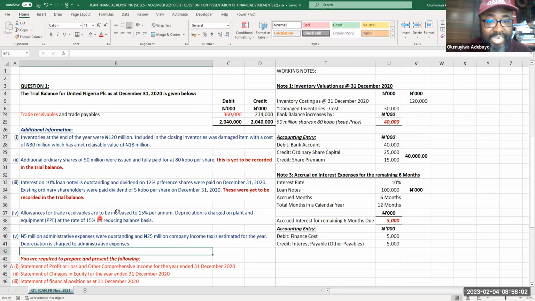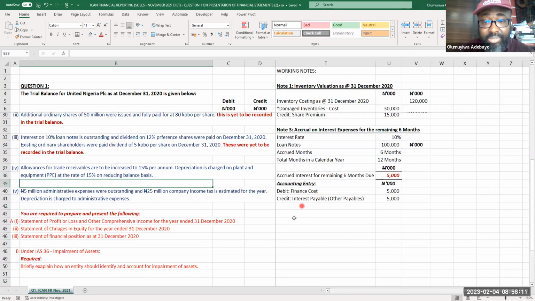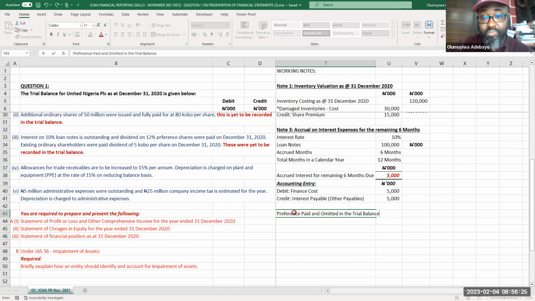Therefore, part of year-end adjustment or closeout adjustment you do is what we are doing now. Which means we need to determine what amount of preference dividend were paid. Preference dividend paid and omitted in the trial balance. Note 4.